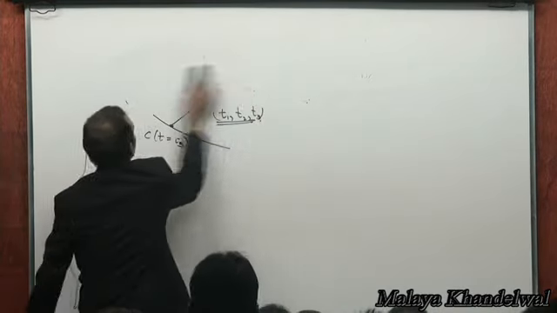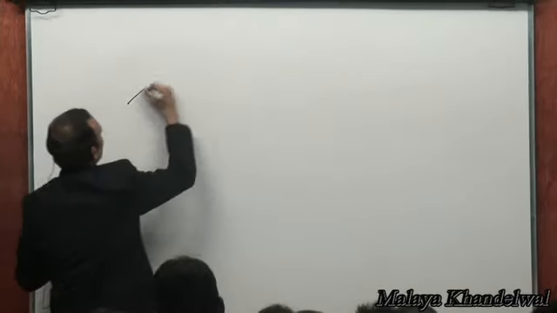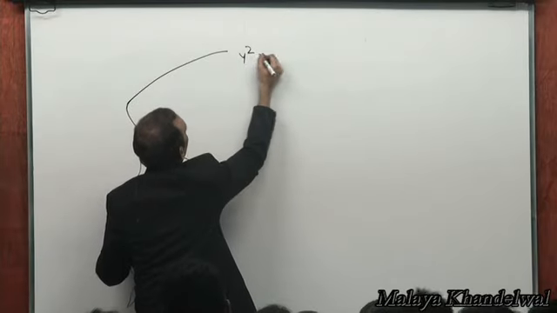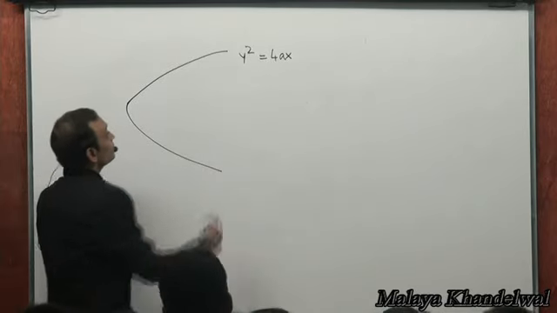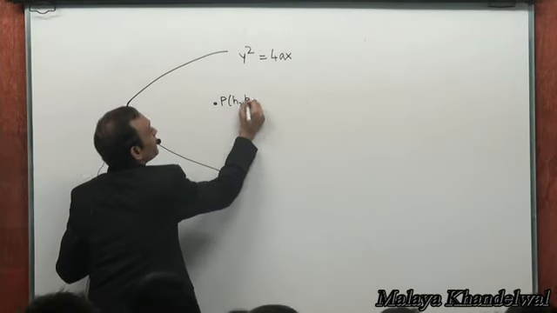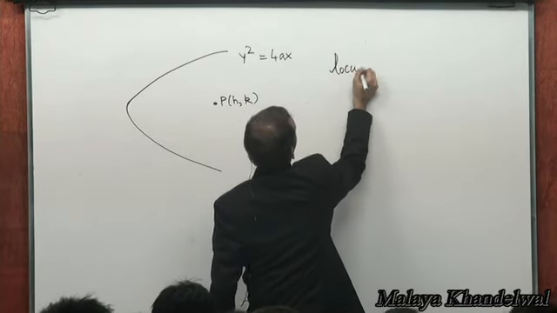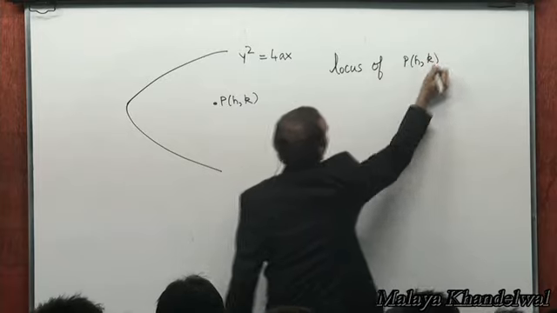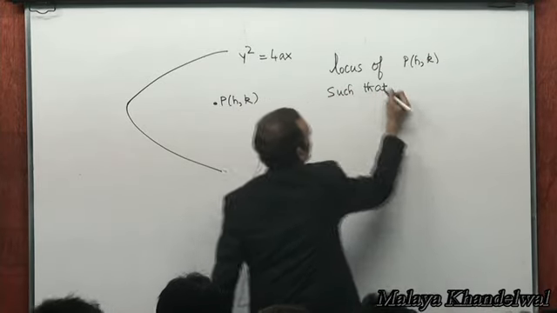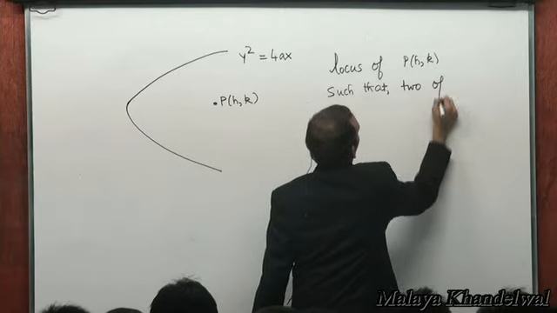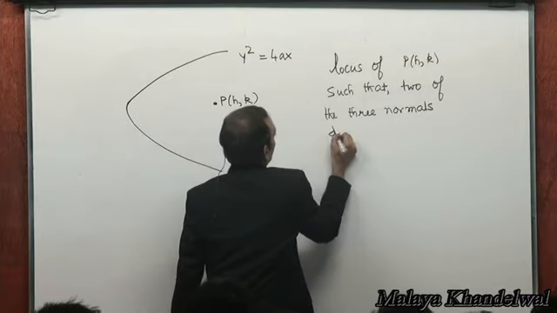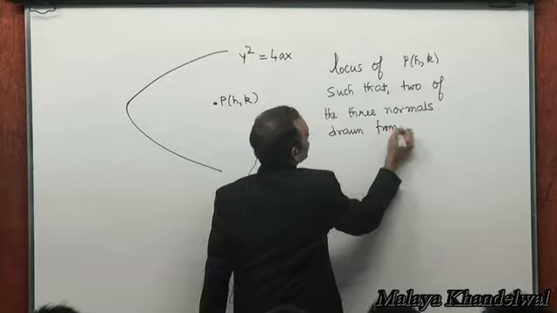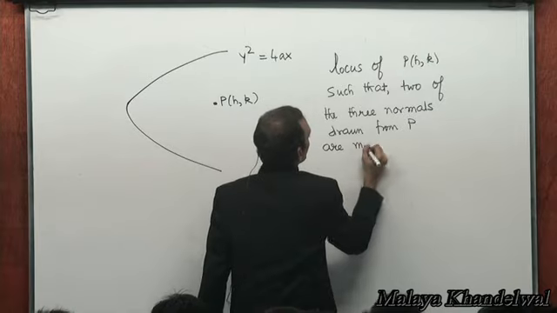Now if someone says there is a standard parabola y squared equal to 4ax, and I'm seeking all those points, the locus of P, such that two of the three normals drawn from (H, K), drawn from P, are mutually perpendicular.